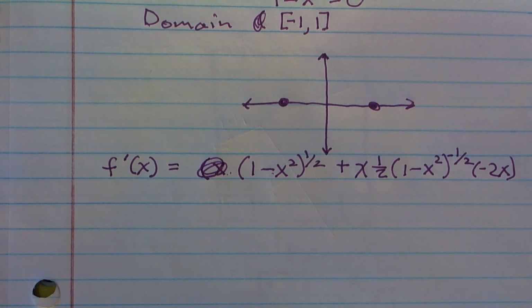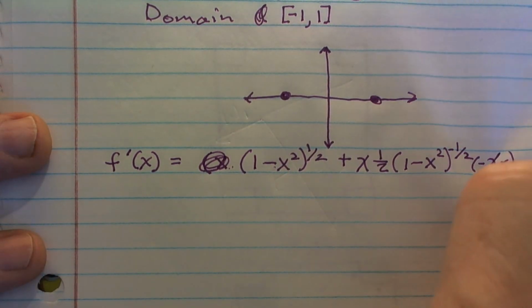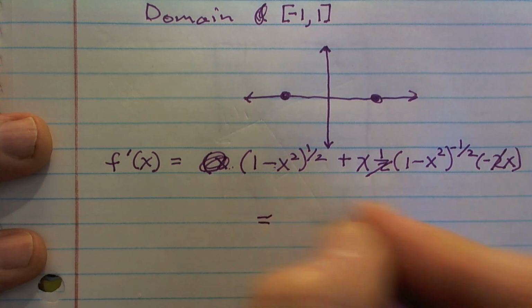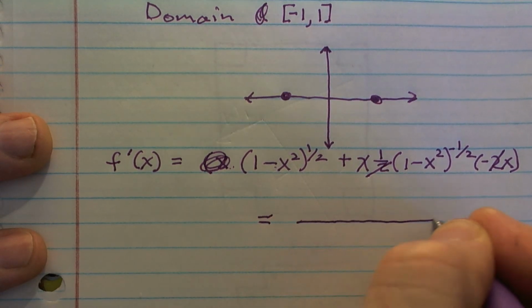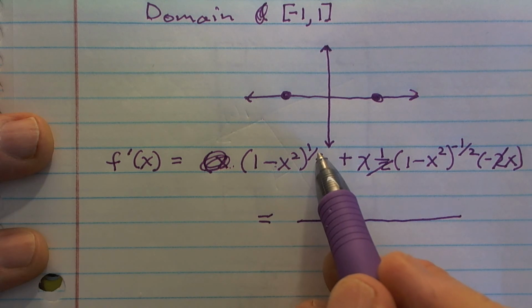Now, there's my derivative, and now I want to try to simplify it because remember, I want to set this equal to 0, and then I want to differentiate it again in a minute, and I don't want this mess. So what I'm going to do is, first of all, I notice I can divide out those 2's. And then I do this old trick where I'm going to multiply the top and the bottom by 1 minus x squared to the 1/2.